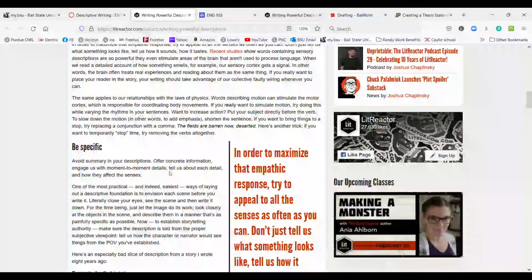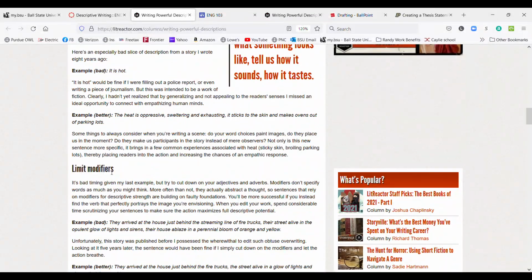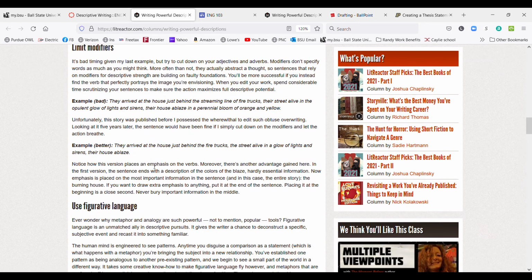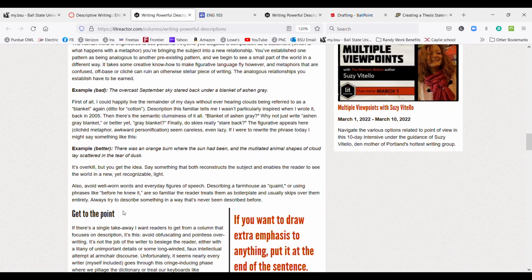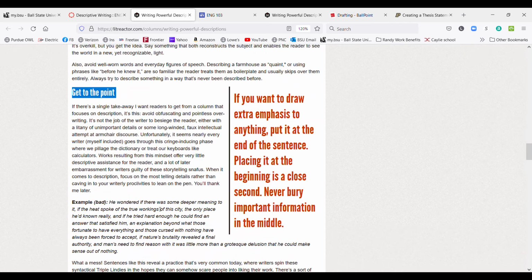Okay, and then it's going to talk about limit modifiers. So it's going to give you ideas on how to be very specific in your writing, how to use that figurative language, make sure that you're not just blabbing. So get to the point, don't blab on and on. So please read through this.